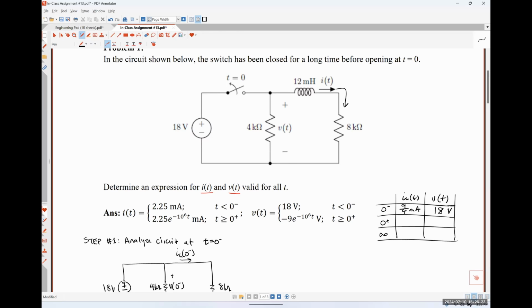Yes, sir. Okay. So the voltage drop across an inductor as a function of time is the inductor value times the derivative of the inductor current with respect to time.